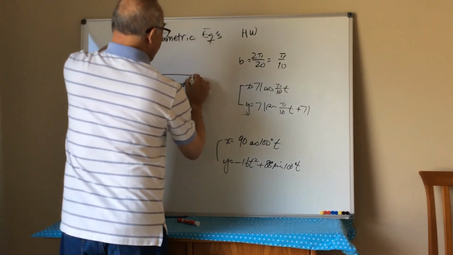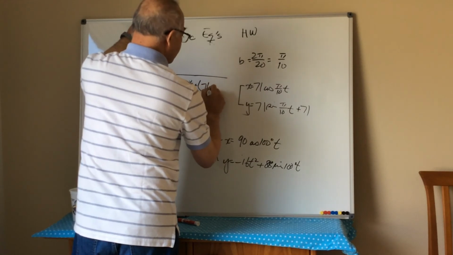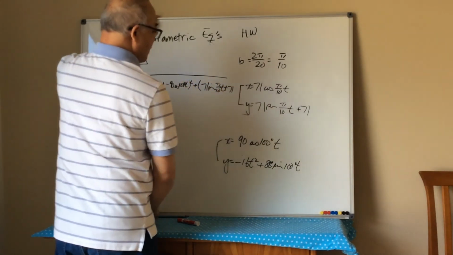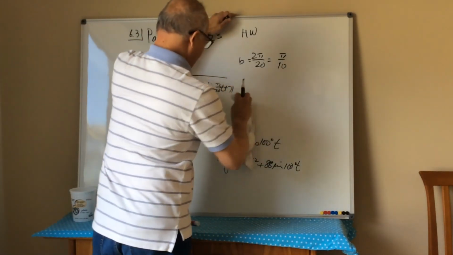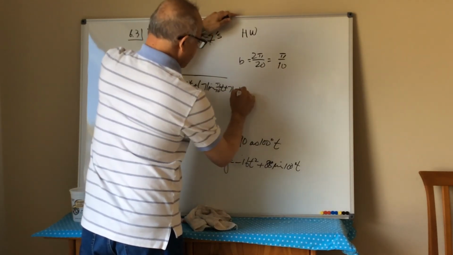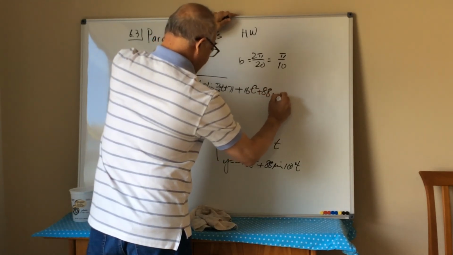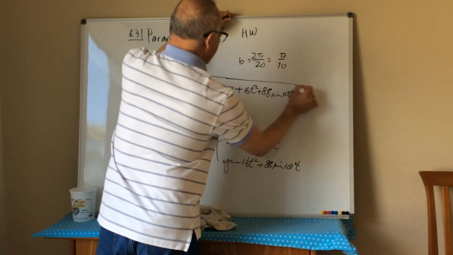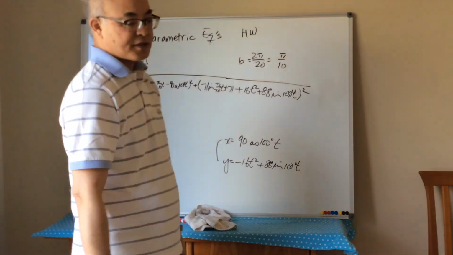Then we're going to add this guy, 71 sine pi over 10t plus 71, minus that, so it's going to be plus 16t squared minus 88 sine 100t, quantity squared. And again, you would go ahead and just graph this.